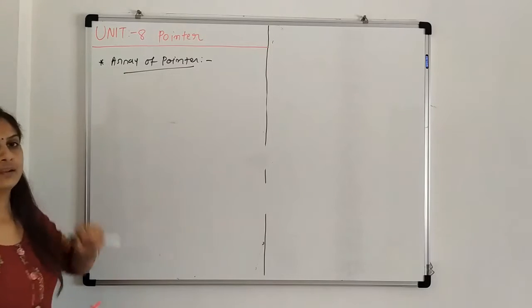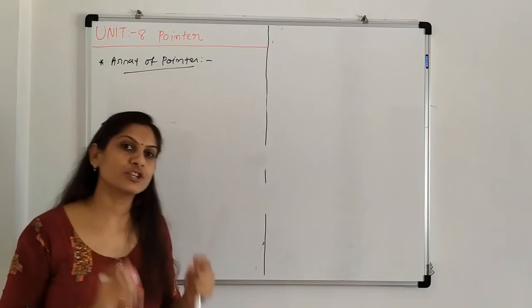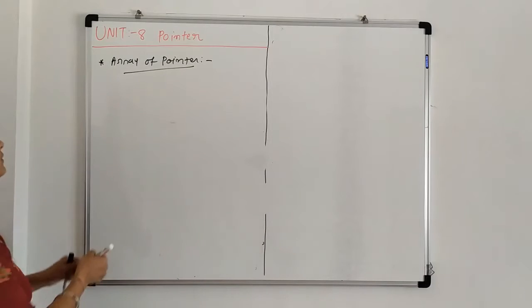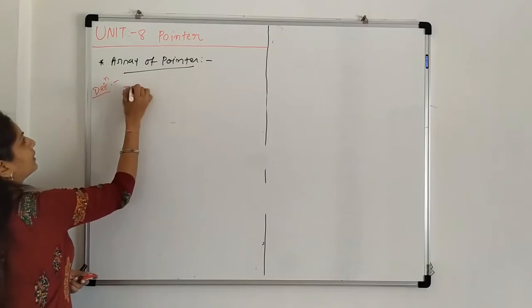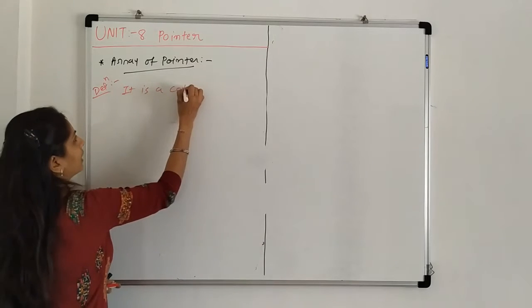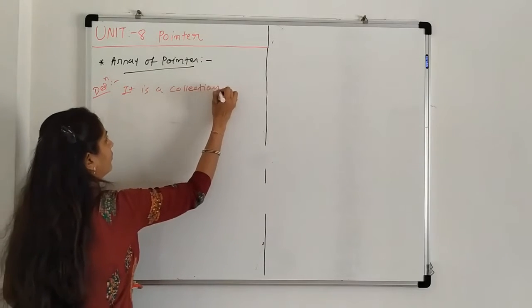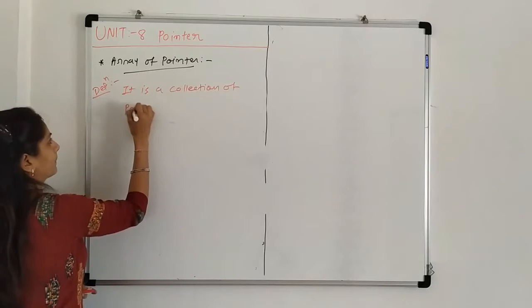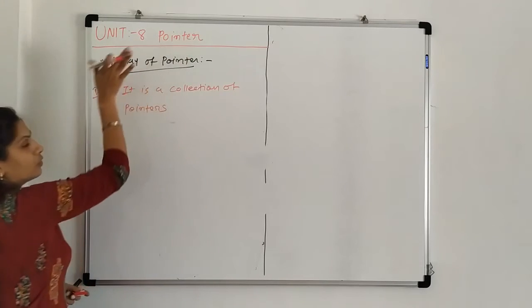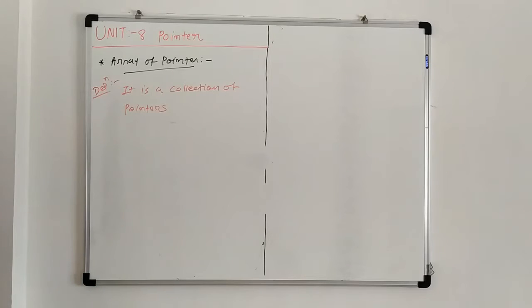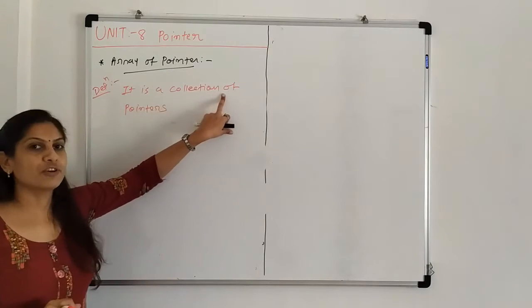What is an array? An array is nothing but the collection of elements. So what is the definition of array of pointer? It is a collection of pointers. If I have only the topic array, then what do we write? It is a collection of elements.